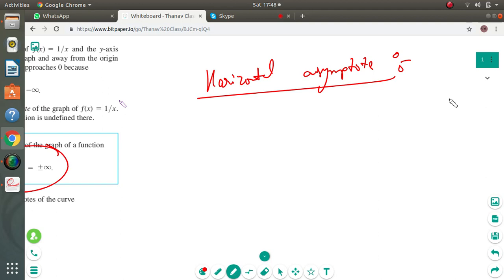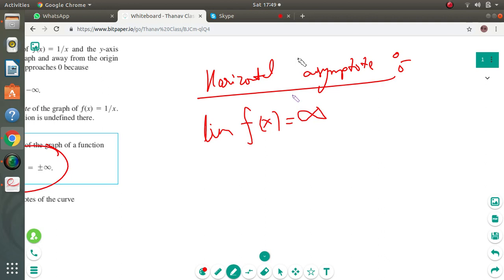Right? You have to write this here, limit for horizontal asymptote. That was it.